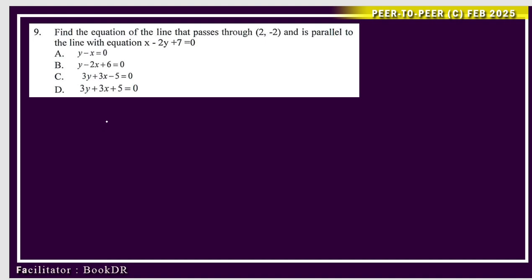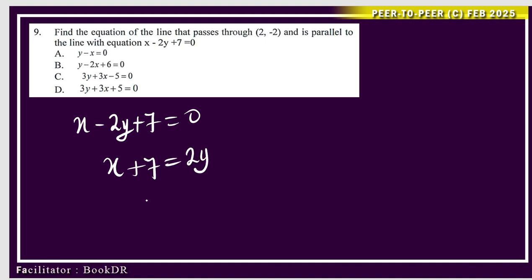Then find the equation of the line that passes through the point (2, -2) and is parallel to the line with equation x minus 2y plus 7 is equal to 0. So we have to write this equation in the gradient-intercept form. Let's move the 2y to the other side to become positive, then later divide through by 2.